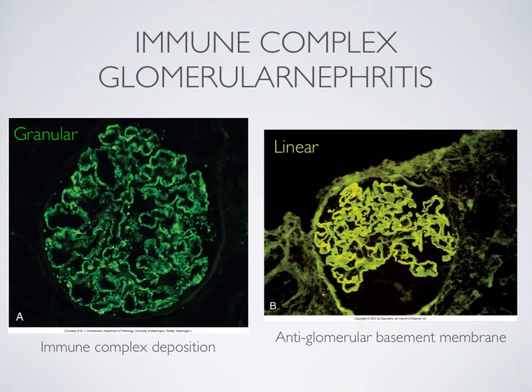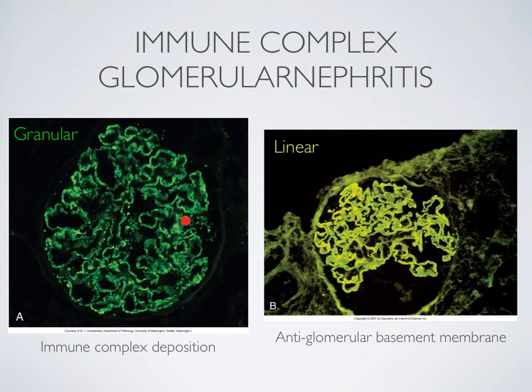And why that's important is if a pathologist is trying to figure out what type of disease a person has, they'll often look at a pattern of staining. So here we're staining antibodies. Remember how we talked about you can put a fluorescent tag and actually look to see if you have IgAs or IgGs present? So in immune complex deposition, here they're looking for IgGs, and this pattern is called a granular pattern.